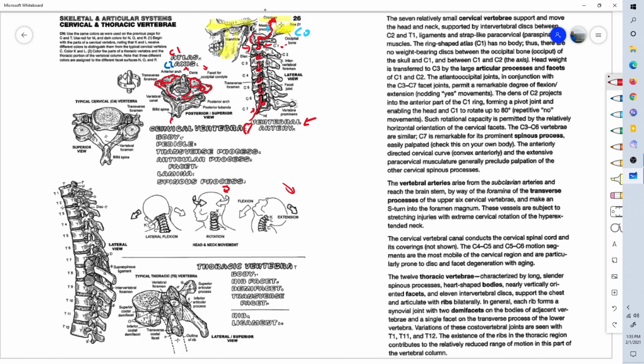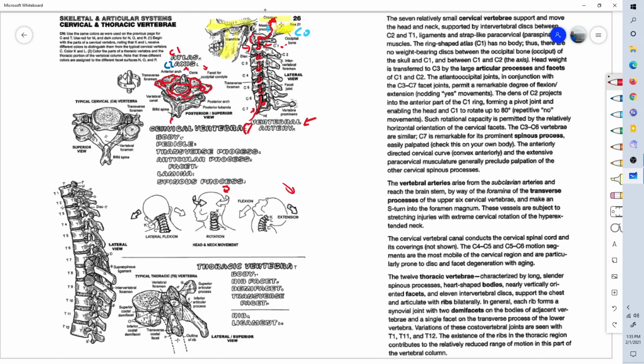Posterior arch. And of course the vertebral canal right in the middle, where the spinal cord passes through, and nerve signals go up and down through the brain and to the body.